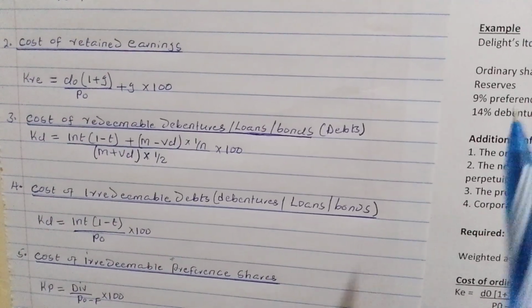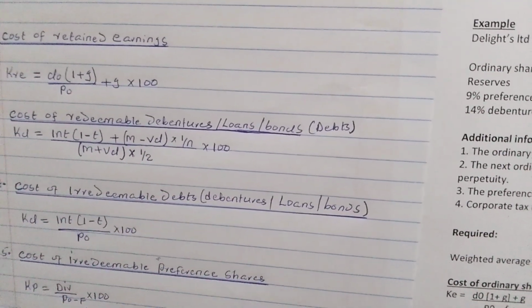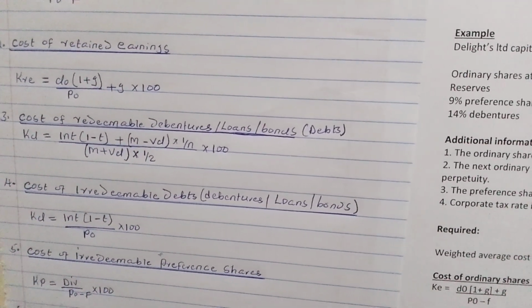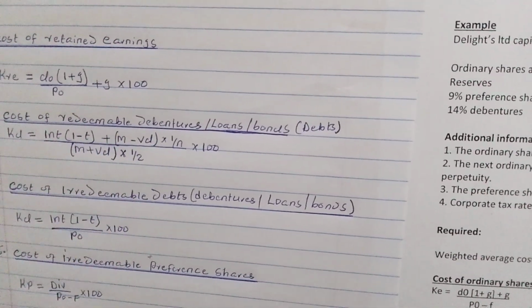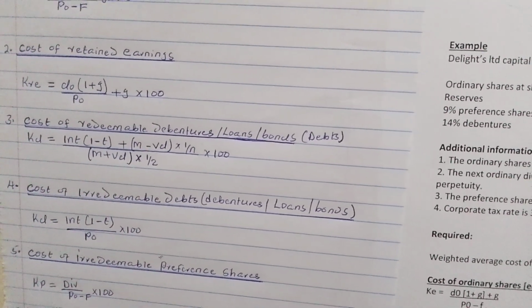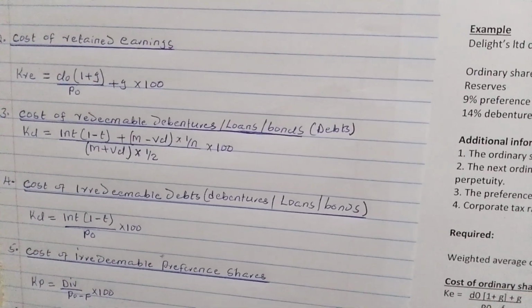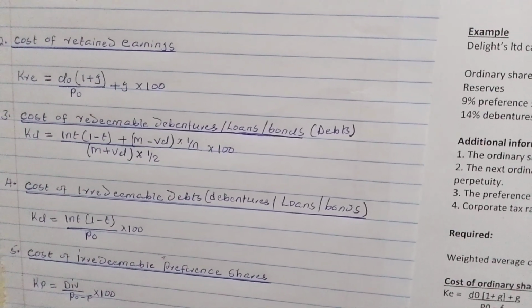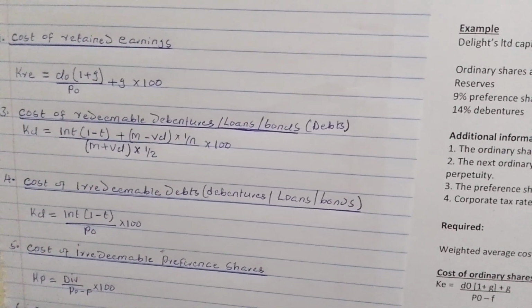In connection with that, we have to consider the tax shield, and therefore you'll be multiplying the interest that you have calculated by 1 minus t, 1 minus tax rate.